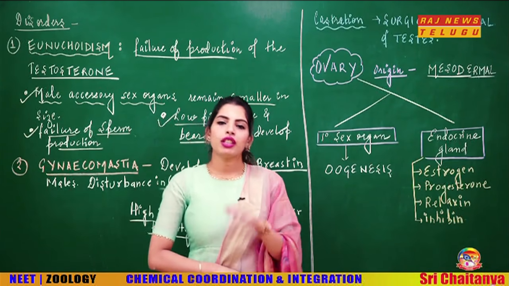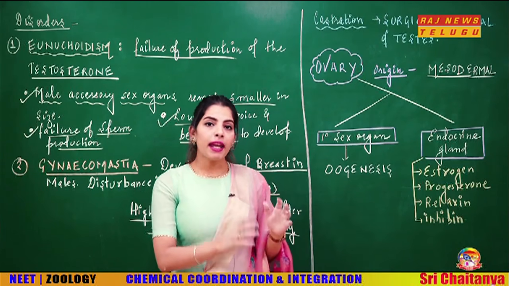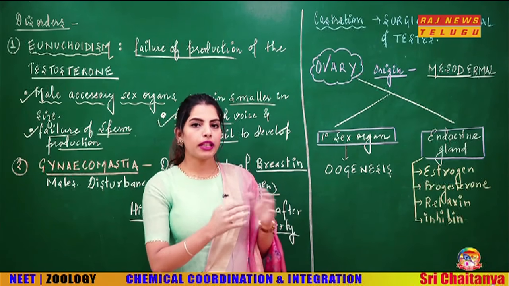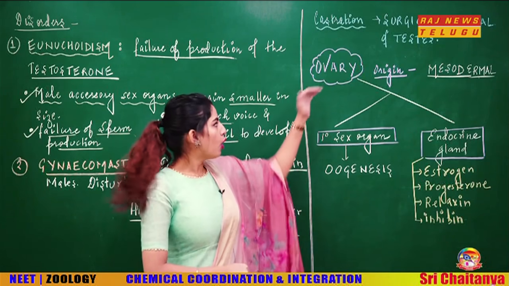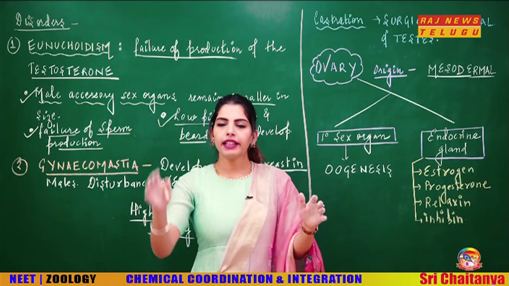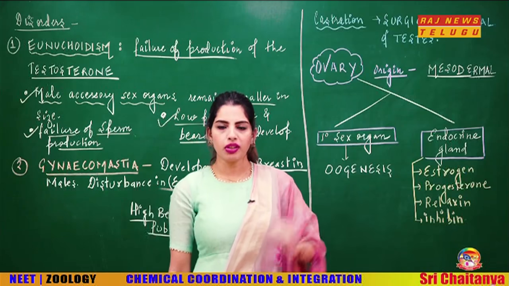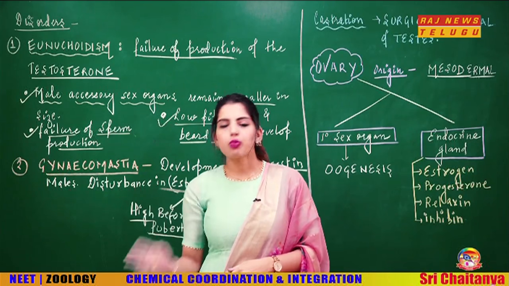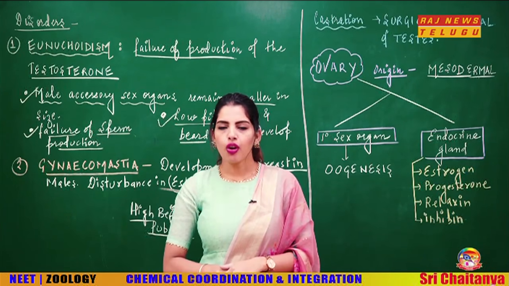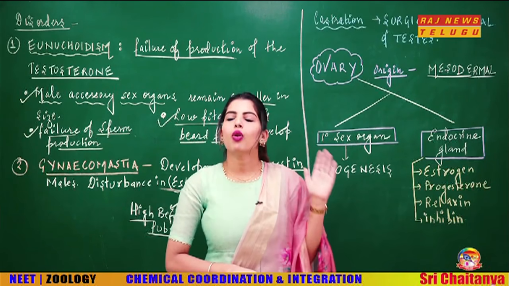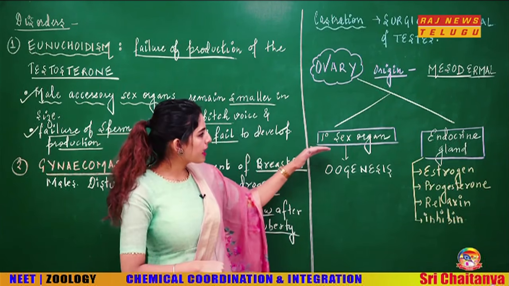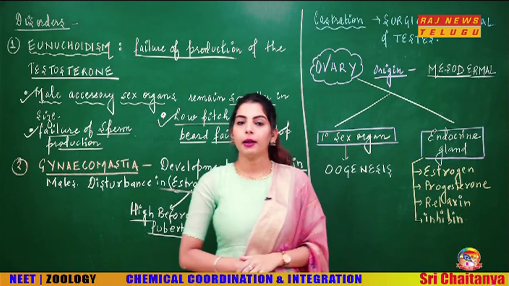Now moving on to the next gland, related with the female, called the ovary. Now compare the testis that we have already covered and the ovary. Testis was also acting as a primary sex organ as well as a gland. The ovaries are also acting as a primary sex organ as well as a gland.